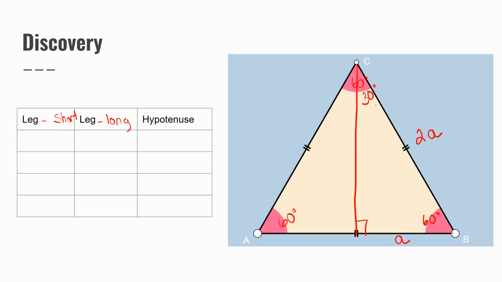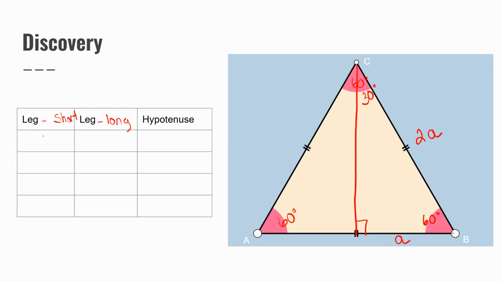That's in just this triangle, and we're not worried about the other one. And if you think back to our triangles unit, we learned that the side opposite the smallest angle is going to be the smallest side. So this A is always going to be our shorter leg, and it's always going to be opposite that 30-degree angle.